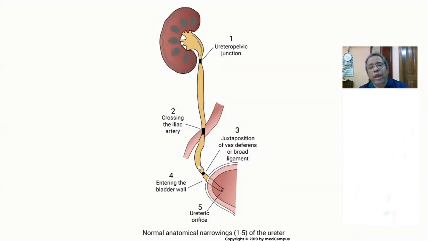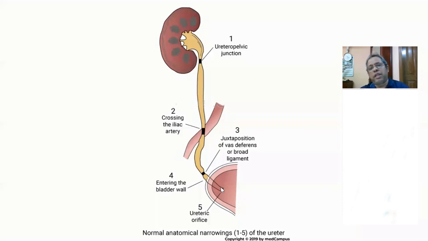But whenever the stone enters the urinary bladder, the pain radiates to the tip of the penis or the tip of the clitoris. Those two pains indicate that the stone has most likely entered the bladder wall, that means the transmural part of the ureter, and that pain radiates towards the glans penis or the clitoris.